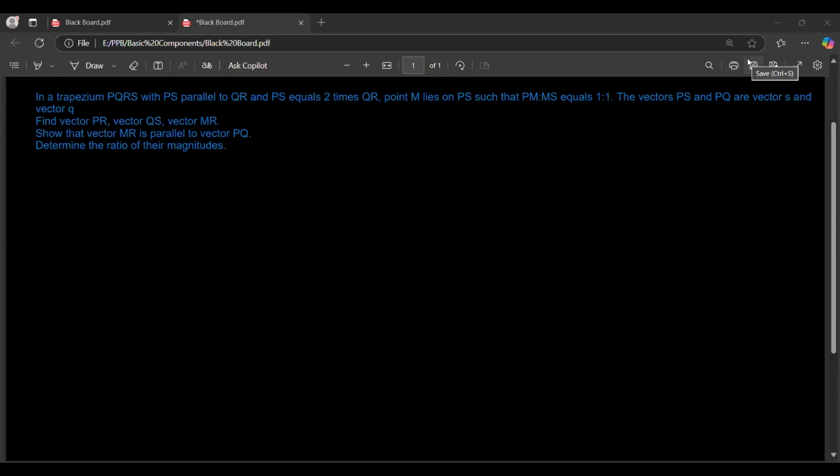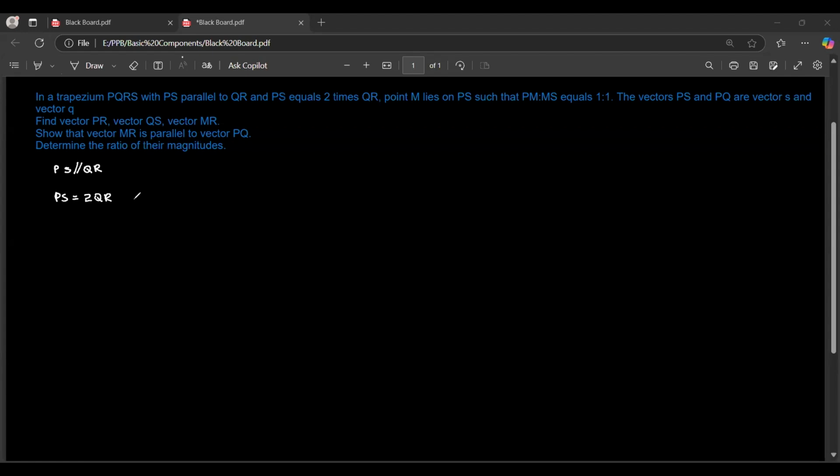We have another question that says: in a trapezium PQRS, with PS parallel to QR and PS equal to 2 times QR.